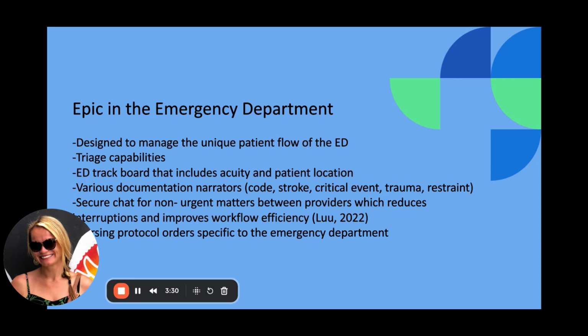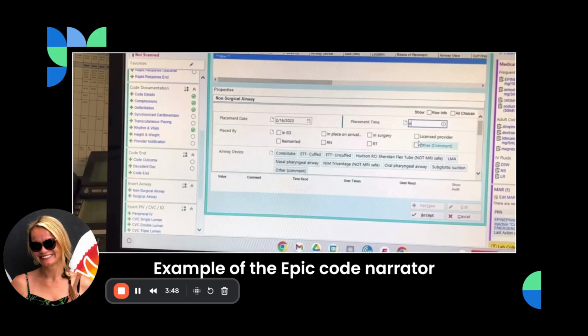It has the ability to do secure chat for non-urgent matters between providers, which reduces interruptions and improves workflow efficiency. It's like an instant message or texting. Nursing protocols are also built in with specific ones to the emergency department. Here is an example of the Epic code narrator, and it's done in real time.